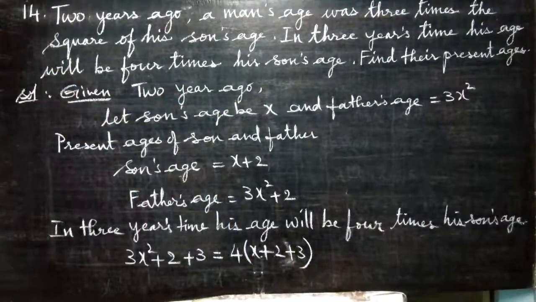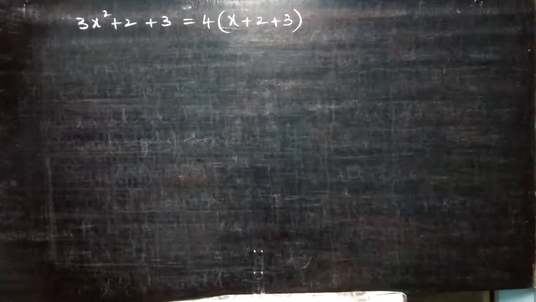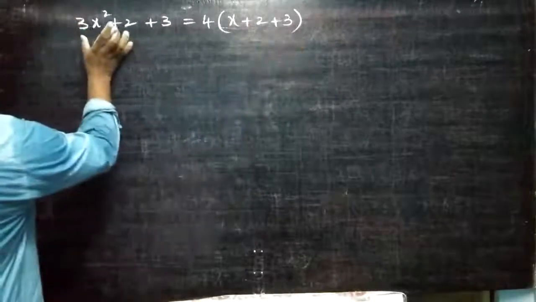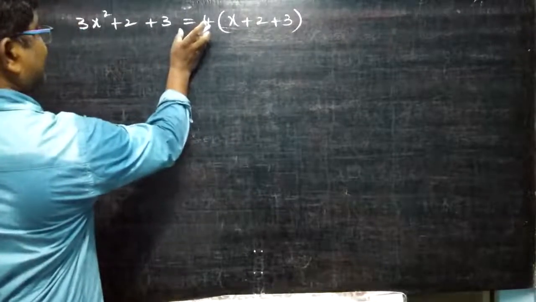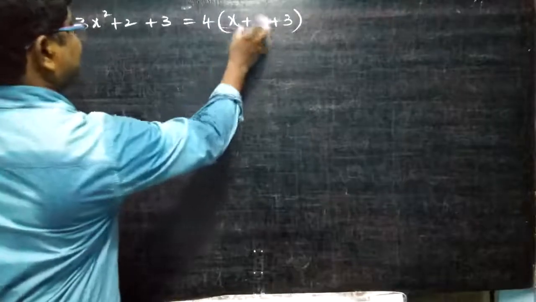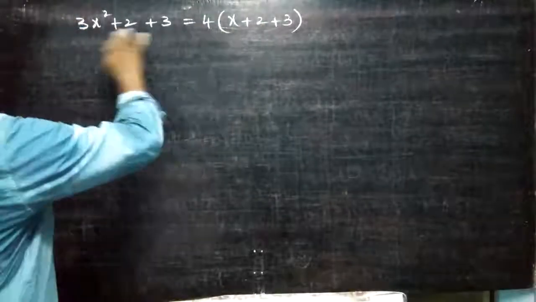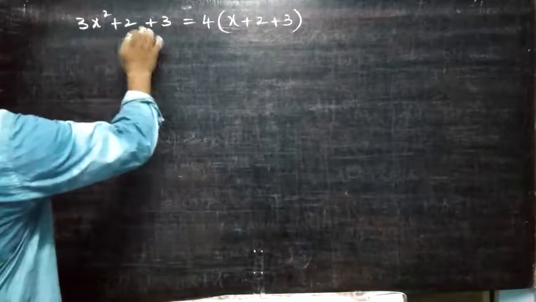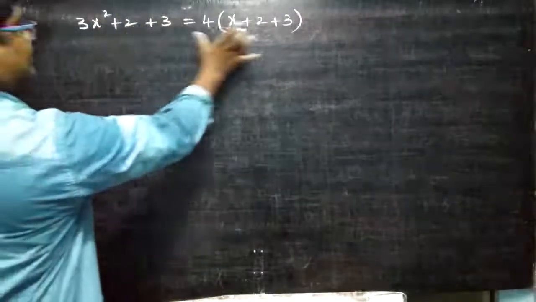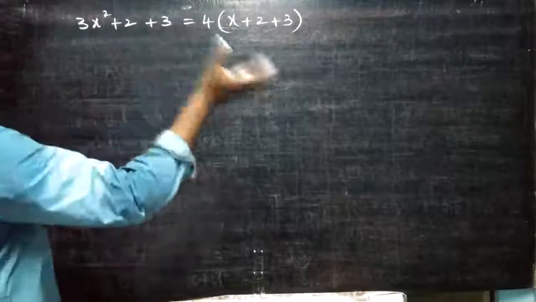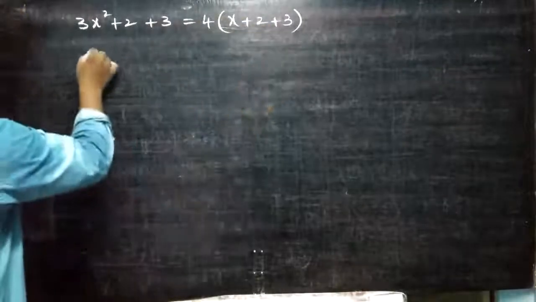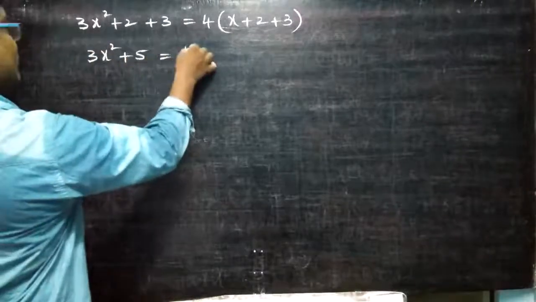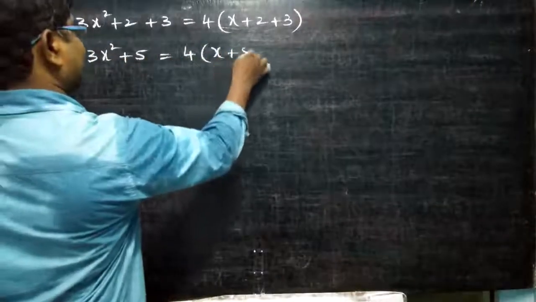Now simplify, because in 3 years' time, the father's age will be 4 times the son's age. Can you follow? What they gave as a condition, we have written in numbers, and with these numbers we can read that statement. So, 3x square plus 5 is equal to 4 into x plus 5.